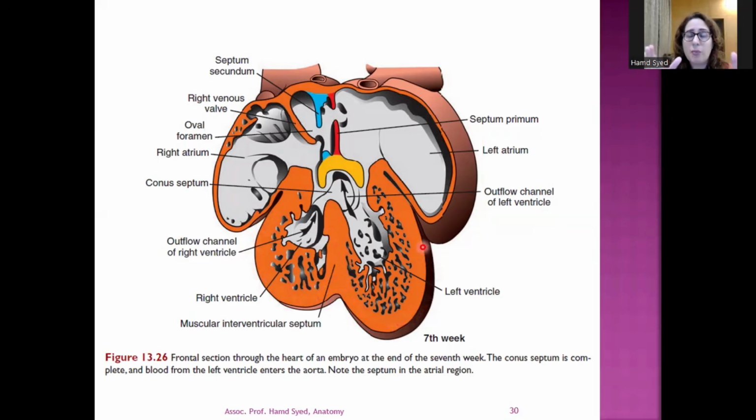As the walls expand, this creates a ridge between them, and this is the muscular part of the interventricular septum. Whereas the upper part of this septum is membranous. This is formed by the growth of the inferior endocardial cushion, which grows in this direction, downwards, to close the interventricular septum from above.